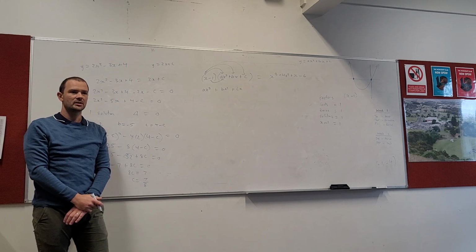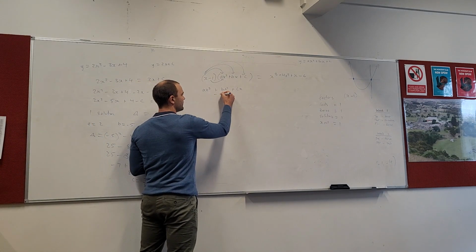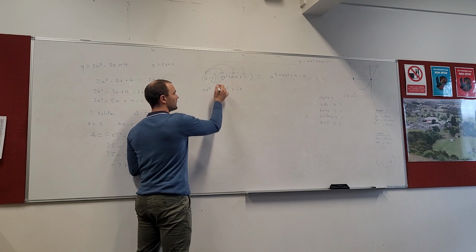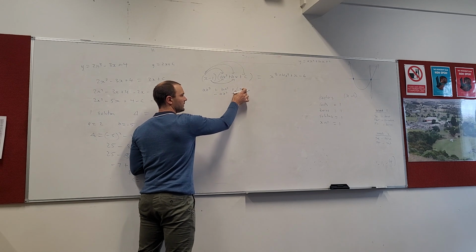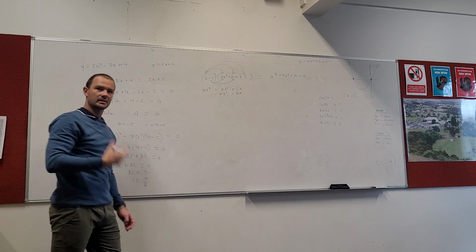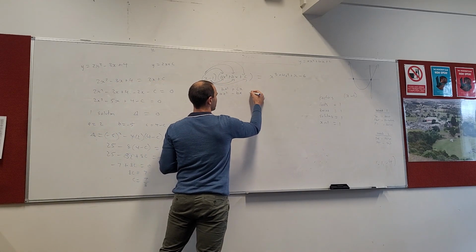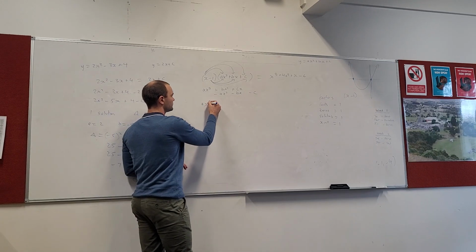Minus 1 times ax squared is minus ax squared, and I'm going to write it beneath here because they're both x squared terms. Minus 1 times bx is minus bx, and I'm writing it beneath here because they're both x terms. And then minus 1 times c is just minus c. Alright, we'll collect it.